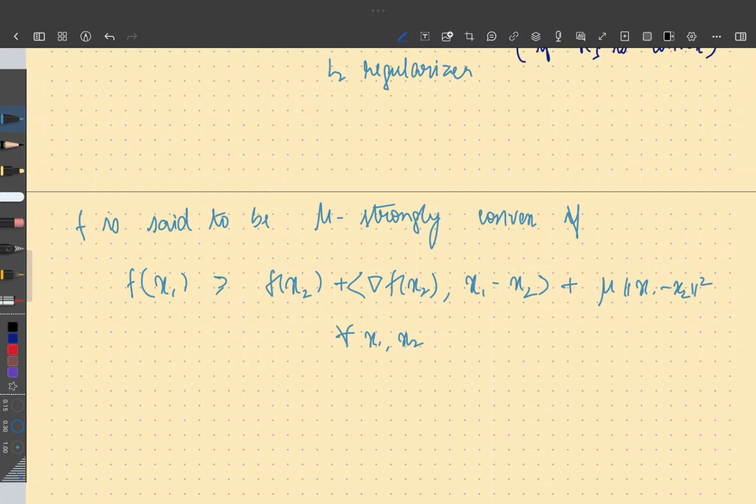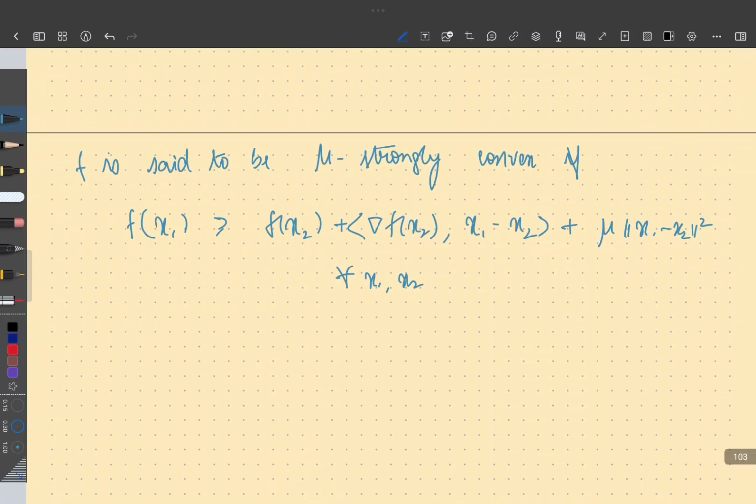And x1 and x2 can be vectors. So at all points of the domain, this must hold.